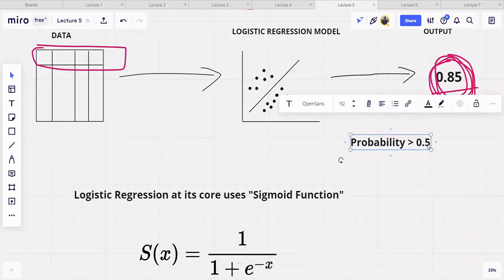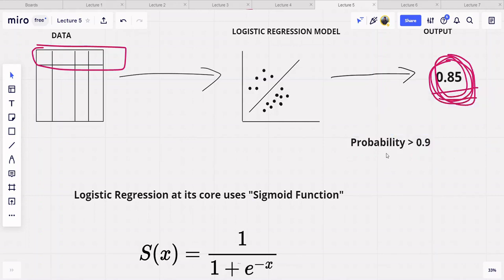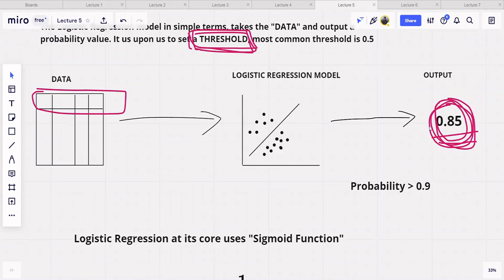We can say that if the value is above 80%, or above 90%, or something like that, the deciding value is upon us. We have to decide a threshold first, and then we can decide if the person has diabetes or not. The model will only output a probability value here.